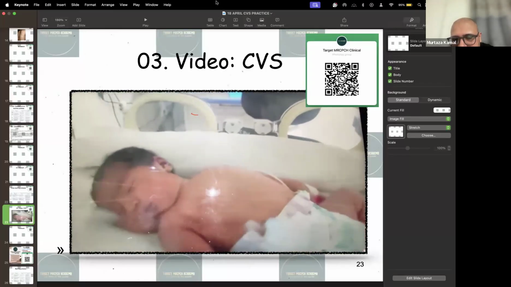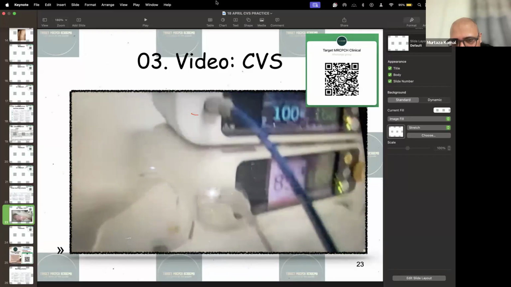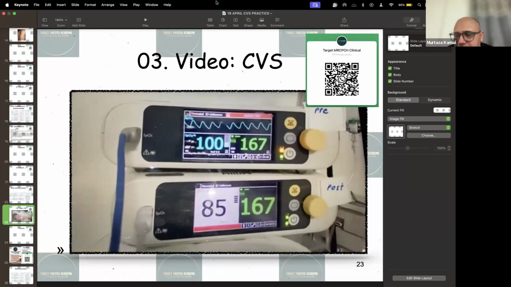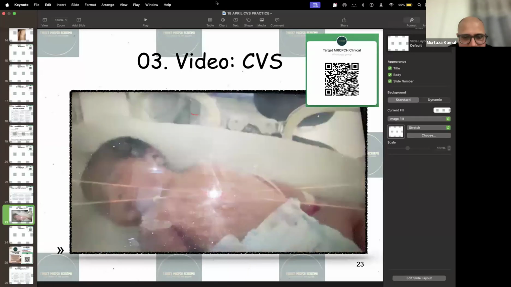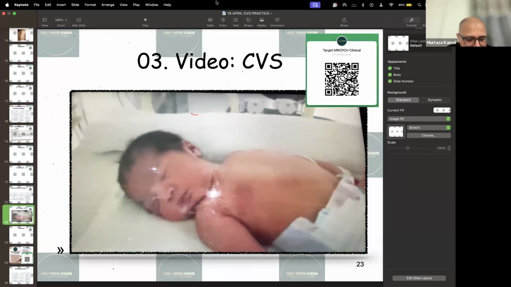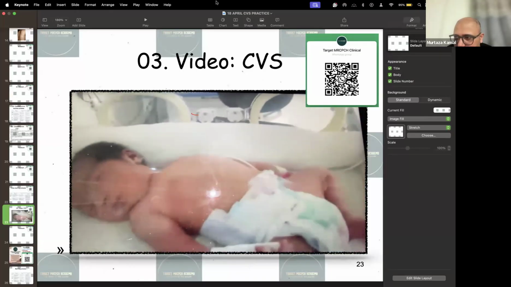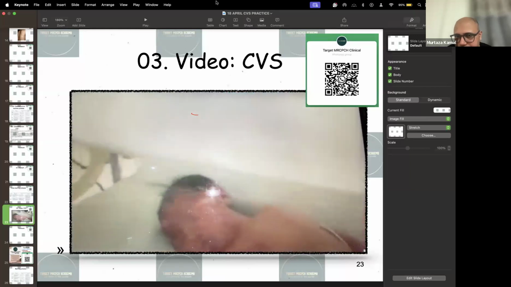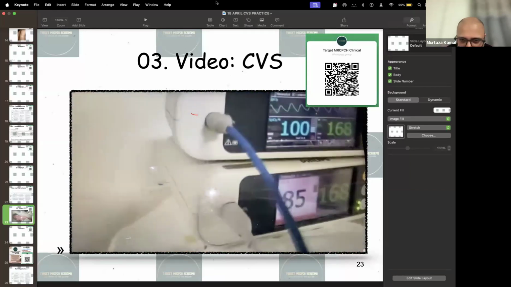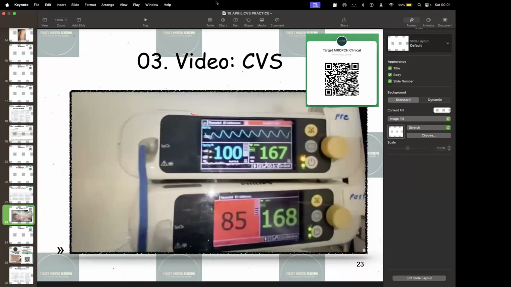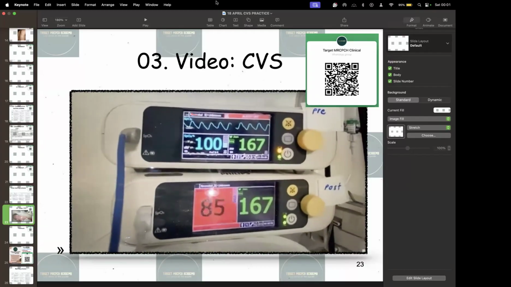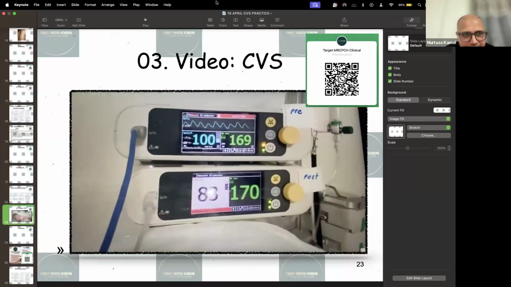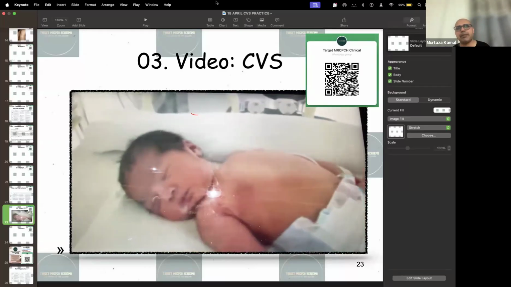One important point which you have to remember here is cyanosis can only be picked up by our eyes when the saturation is less than 85%. For our knowledge purpose, any saturation between 93 to 85% is classified as cyanotic heart disease, but clinically cyanosis cannot be seen in this saturation range. For that, you will need a pulse oximeter.